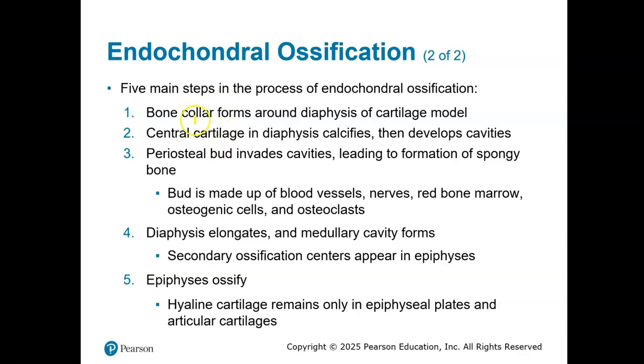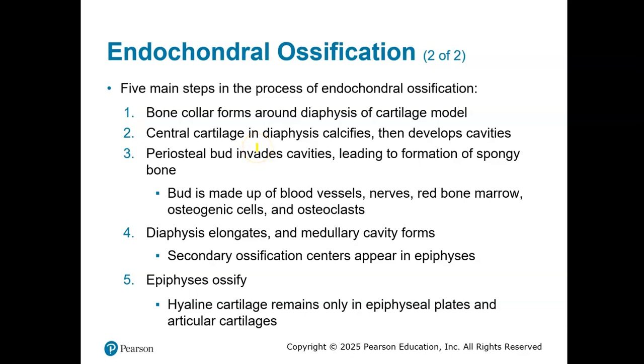In step 1, you have a bone collar forming around the diaphysis of the cartilage model, and you also have a primary ossification center forming in the diaphysis. I'm not going to highlight these. You just really have to go through them.